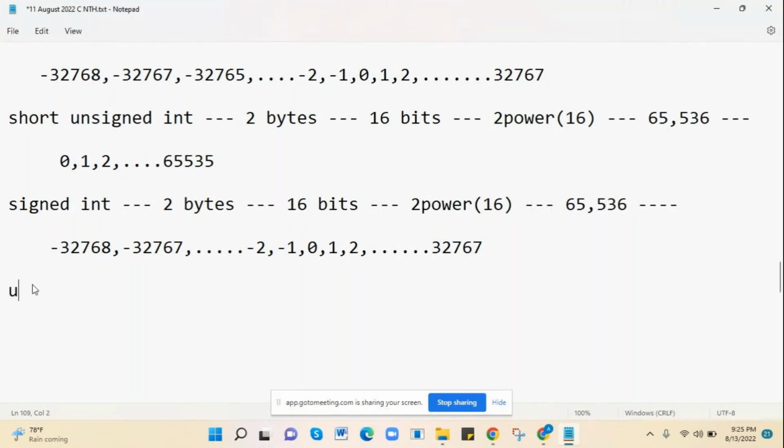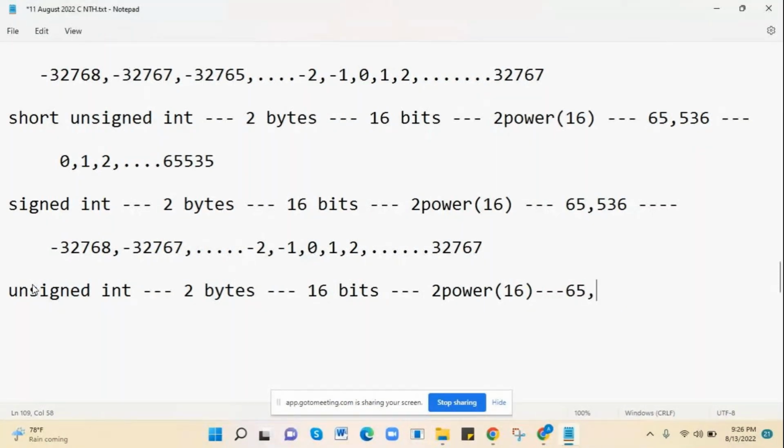Next, again, unsigned int. Here it is also 2 bytes. Unsigned int is nothing but 2 bytes. So again it is 16 bits, 2 power 16, again the same 65,536.